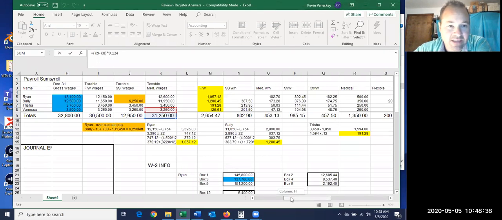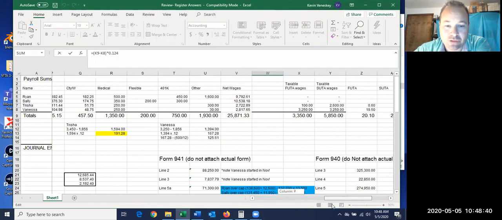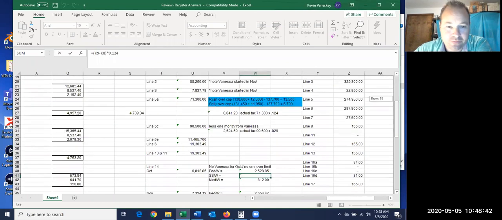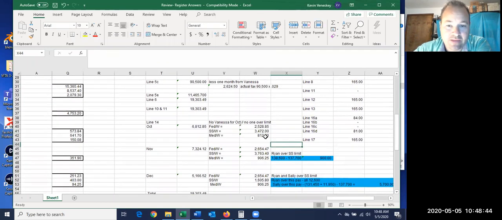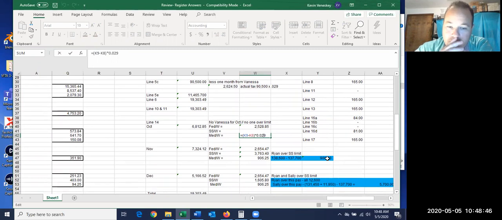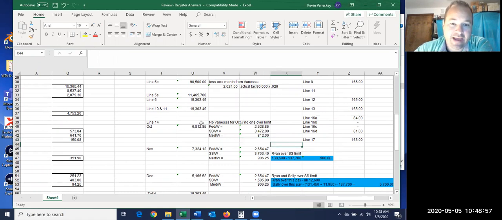Again, I'm taking out Vanessa because she didn't work in October. She was a new hire. And then do the same thing for Medicare, except multiply it by 2.9%. So when I add all of them up, this is how much we should have had withheld.